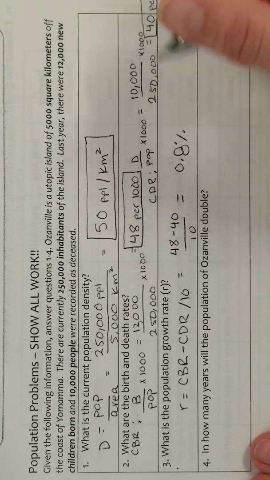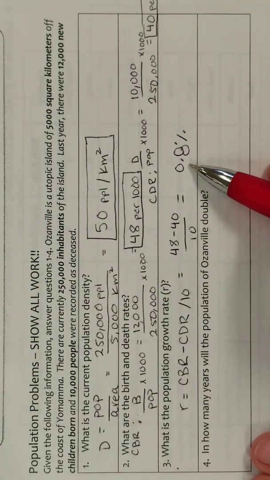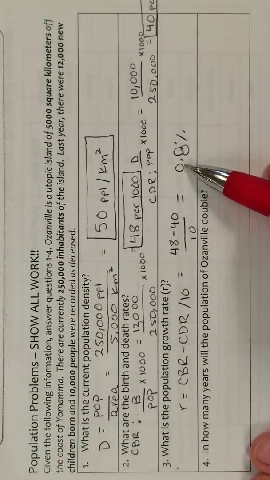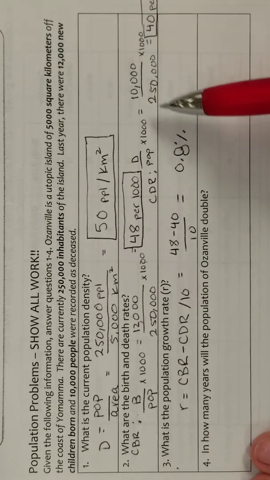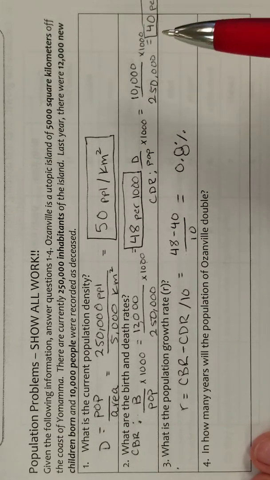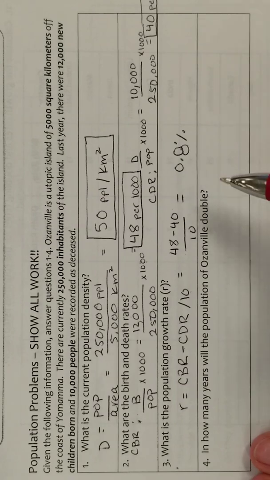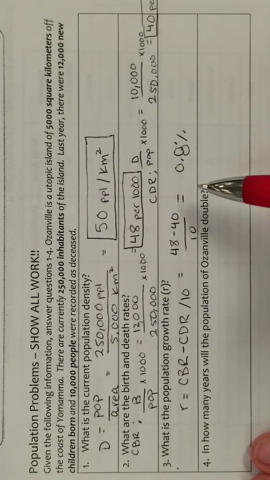Okay, and I would get the exact same answer if I use the other formula, which would be the number of births minus the number of deaths divided by the total population multiplied by 100. I would still get 0.8%.